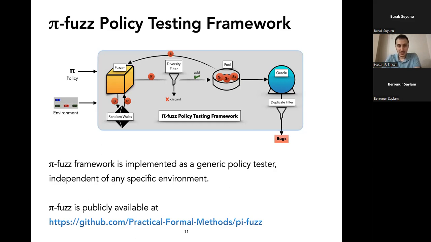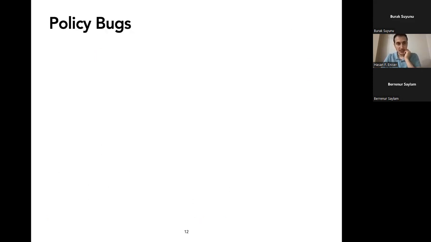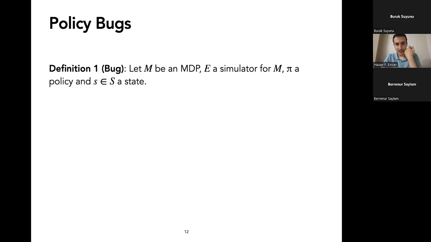Okay, so after giving this short overview, I want to continue with a bit of formal details. So let's formally define what a policy bug is. M is a Markov decision process, E is a simulator of the MDP, pi is a policy, and S is a state.